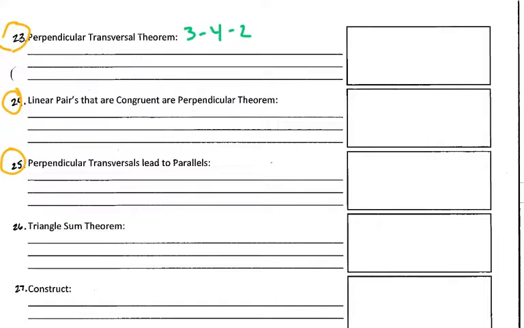So officially, the definition was, in a plane, if a transversal is perpendicular to one of two parallel lines, then it is perpendicular to the other line.